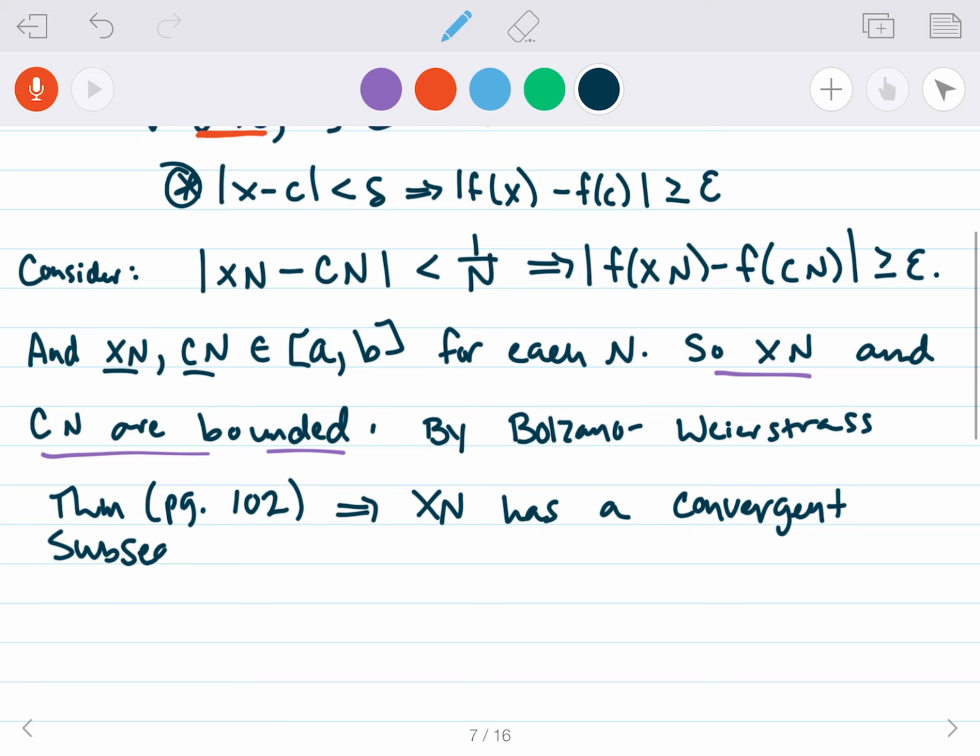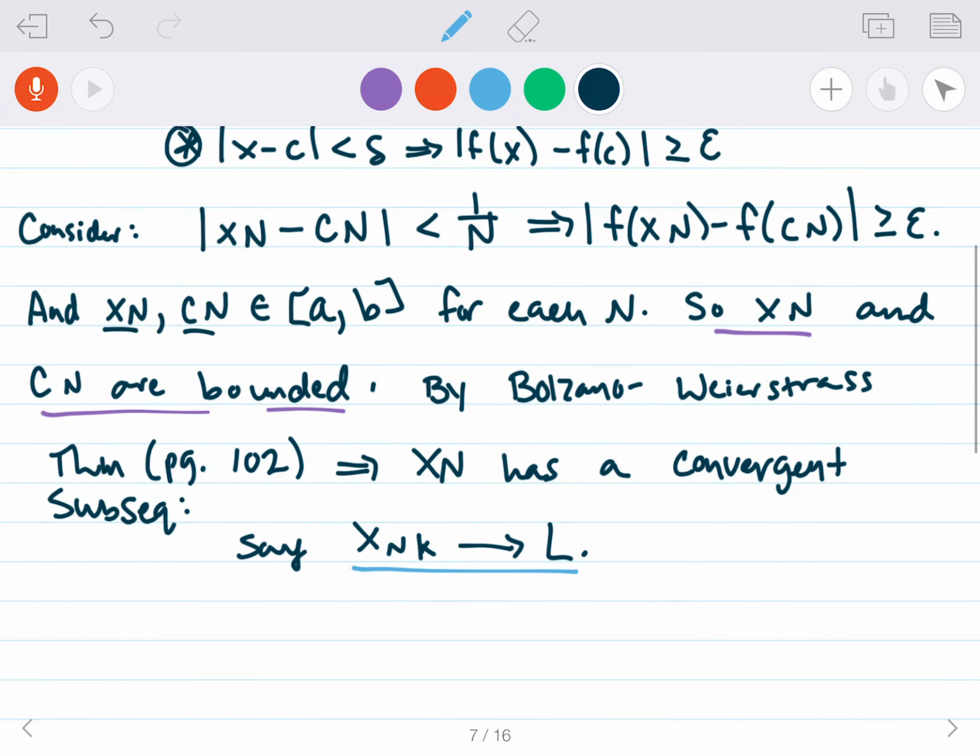So say the convergent subsequence is x sub nk, and this converges to L. Now we're going to use another result, which says that compact sets contain all of their limit points, or even more generally, closed sets contain all of their limit points.